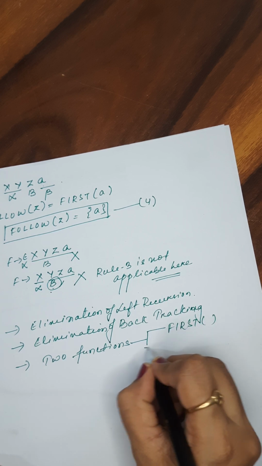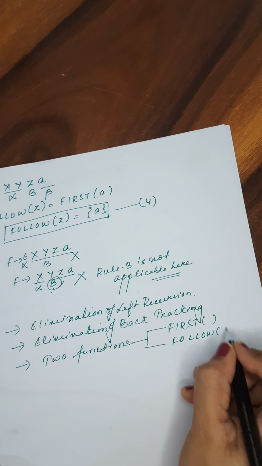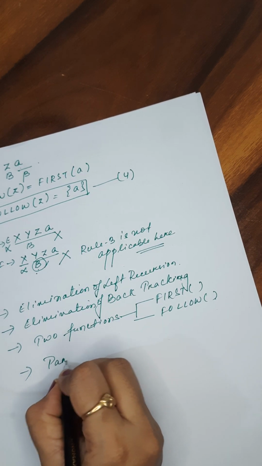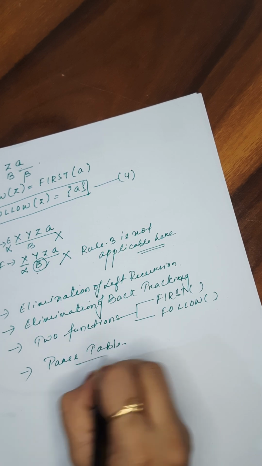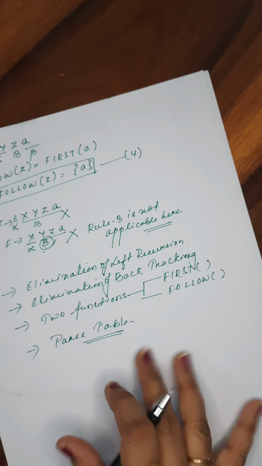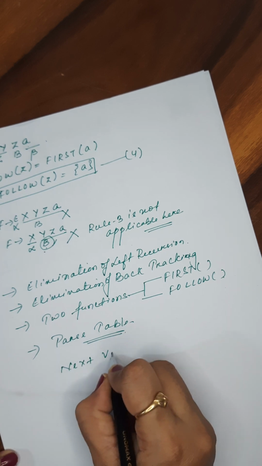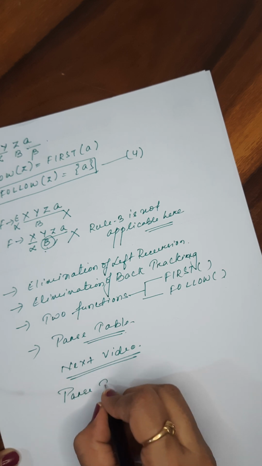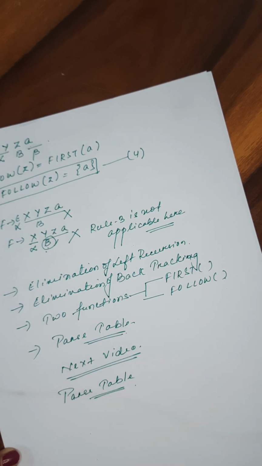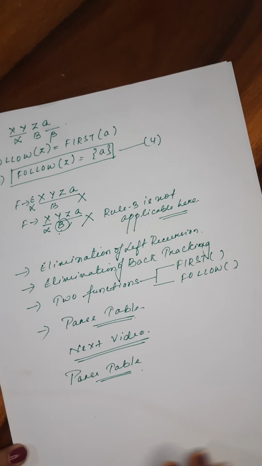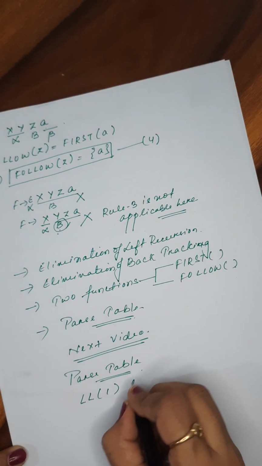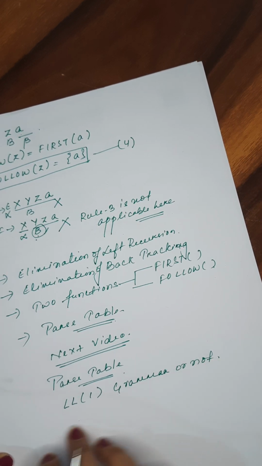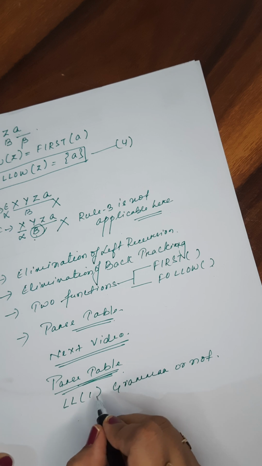First and follow. Now we have learned how to construct these functions also. What is the last step? Last step is your parse table. So, in our next video, I will tell you how to construct a parse table. And when we consider a predictive parser, we have to check whether it is an LL1 grammar or not. So, in our next video, we will be considering this.